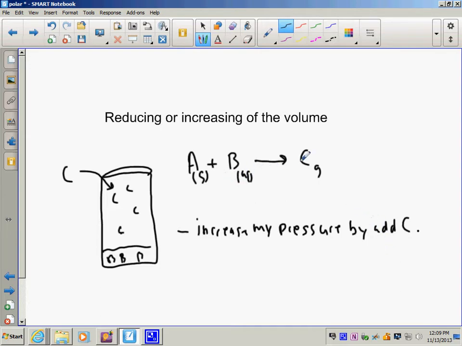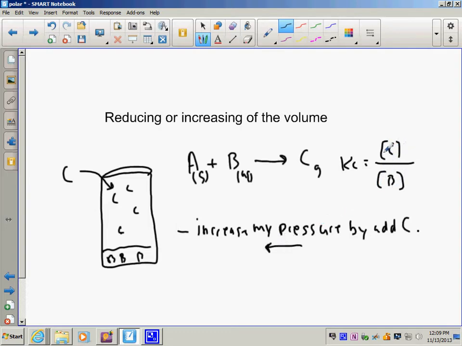All I've done in this case is, my Kc equals the concentration of my C over the concentration of my B. I have essentially added more C, so my reaction will shift towards the reactants as a response to this getting cranked up in pressure.